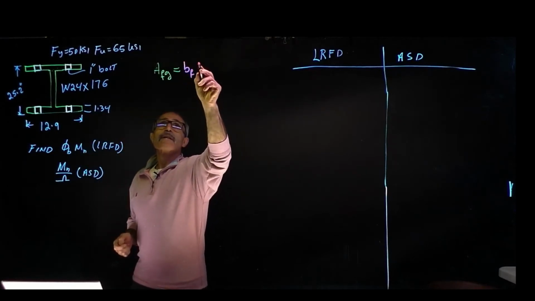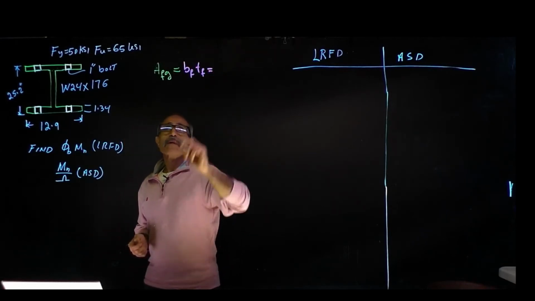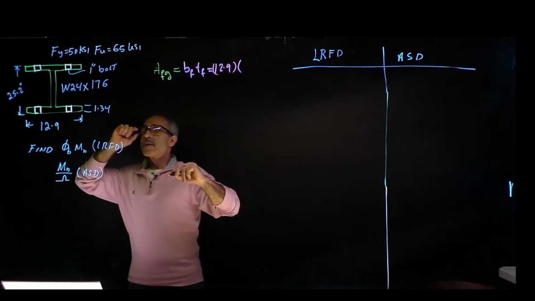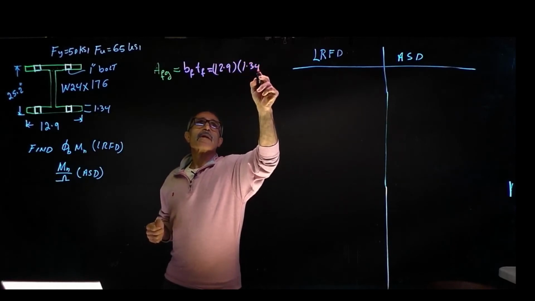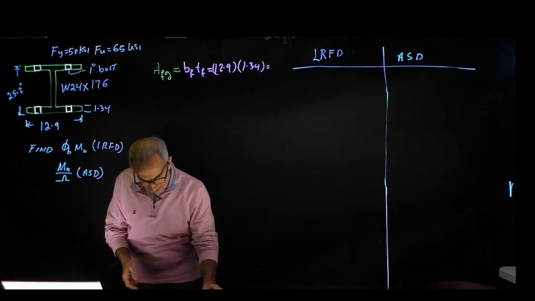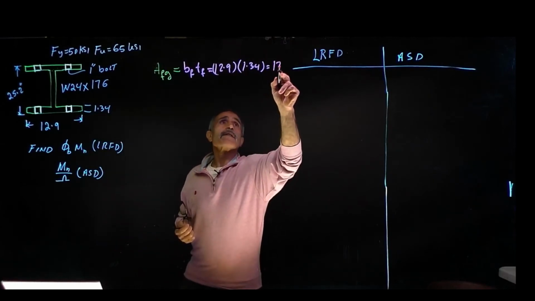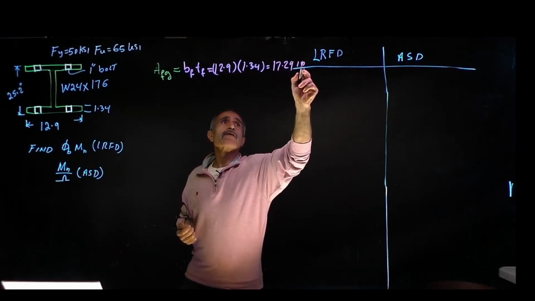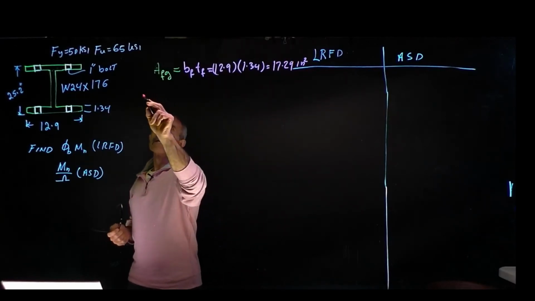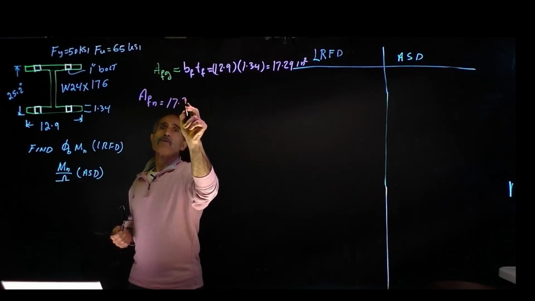So BF, 12.9, multiplied by TF, which came out to 1.34, and that comes out to 17.29 inch square.